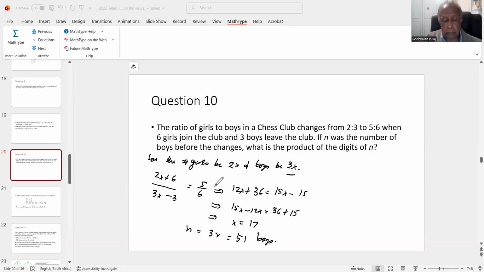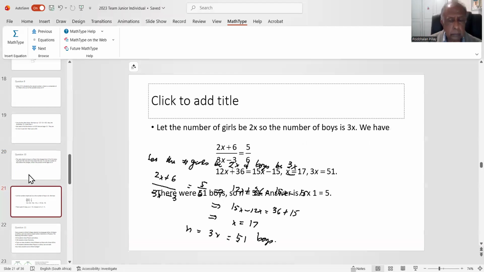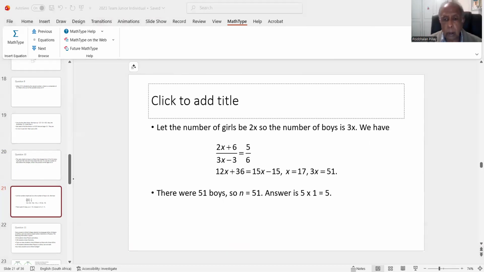Okay, so this takes care of question 10. Oh, so n is equal to 51.